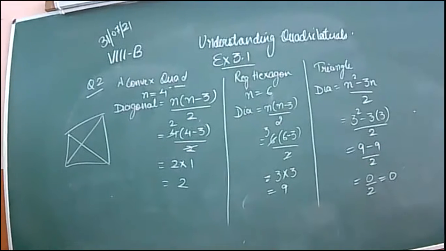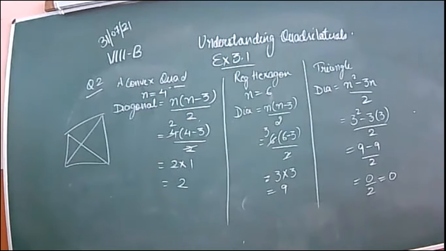Have you written the formula for the sum of the exterior angles? N minus 2 into 180. Please write one more formula.